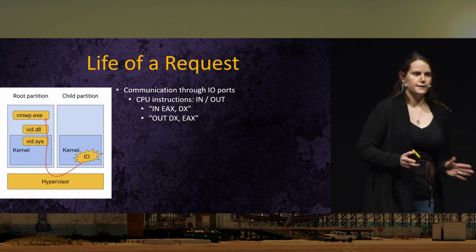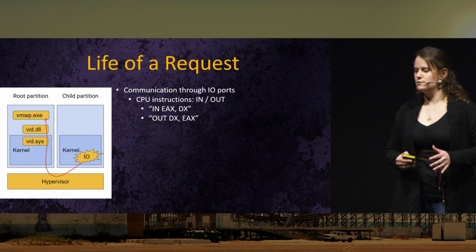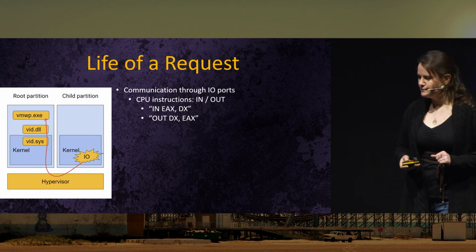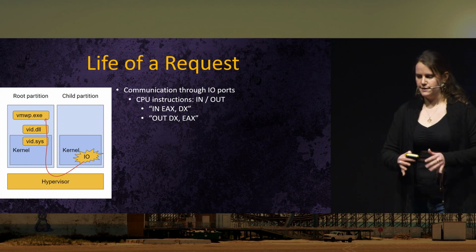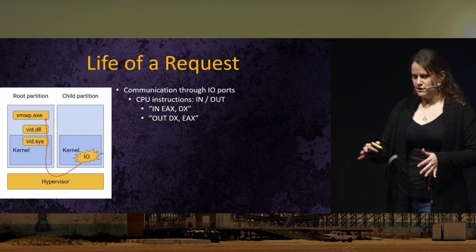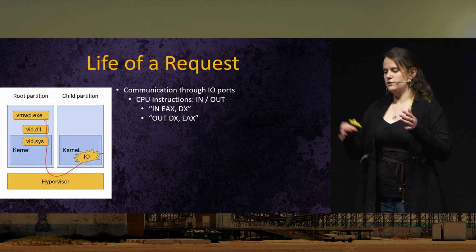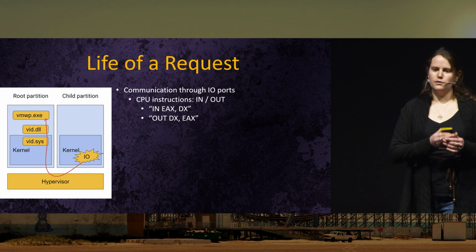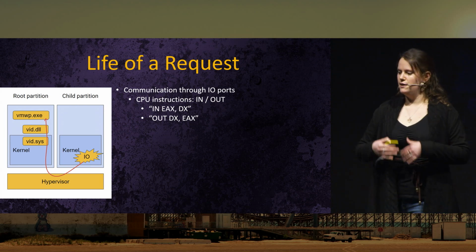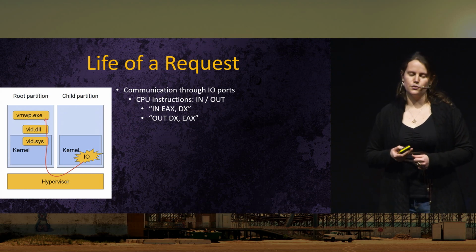You can read more about that in the Intel manuals if you're interested. These are Intel instructions. The hypervisor intercepts them, then redirects them through the VID with callbacks, and eventually it lands in the userland of the root partition.